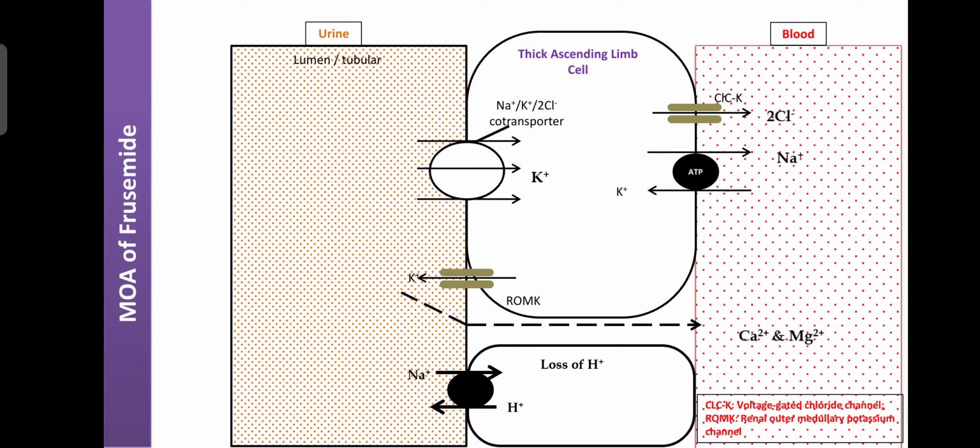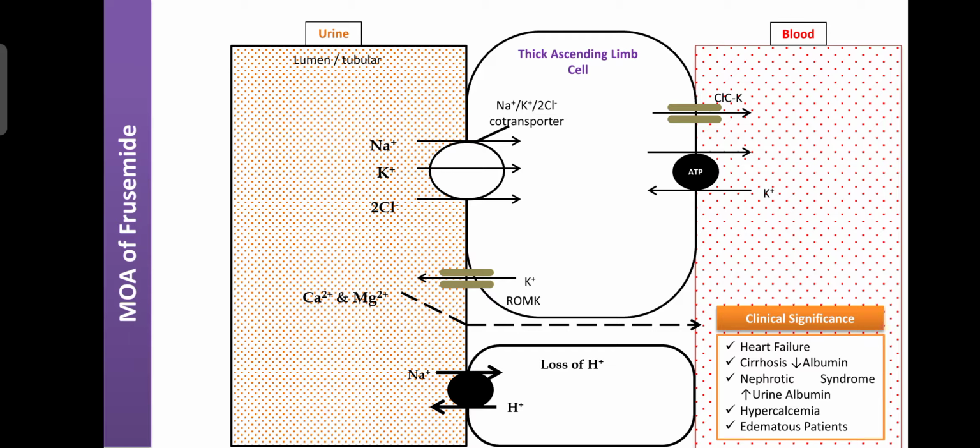These allow the entry of calcium and magnesium from urine to the blood directly, as well as the exit of potassium from the cell back to the urine. So sodium, chloride, calcium, and magnesium are reabsorbed with the help of the sodium-potassium ATPase pump, the ClC-K channel, and the ROMK channels.